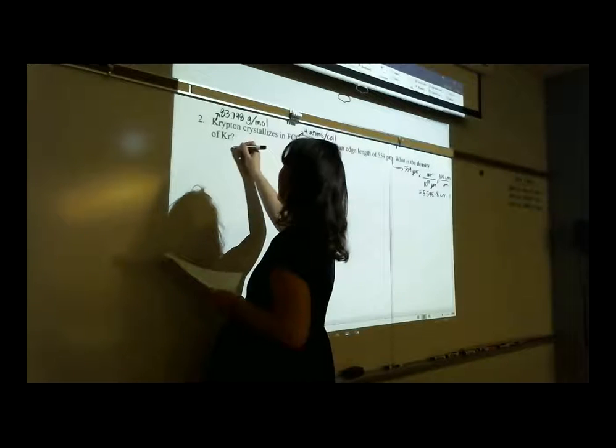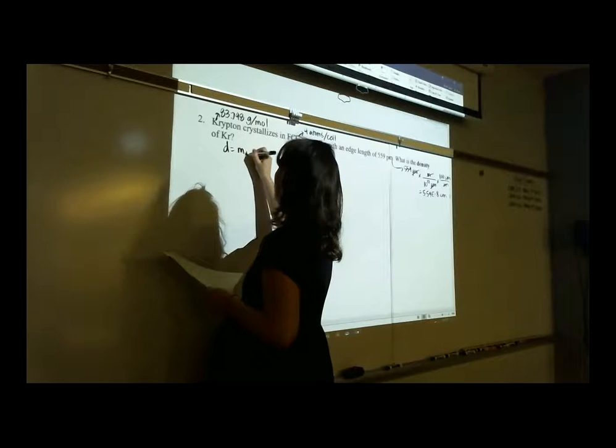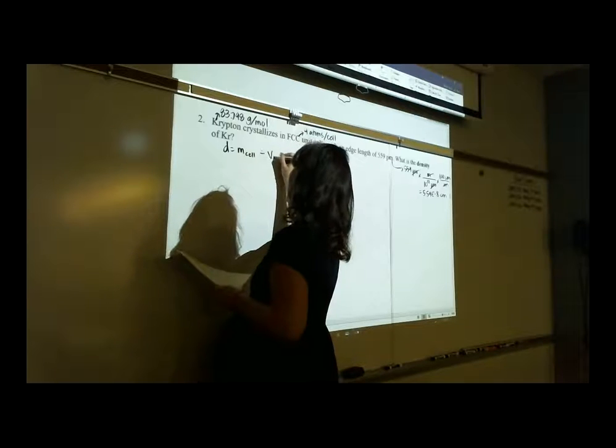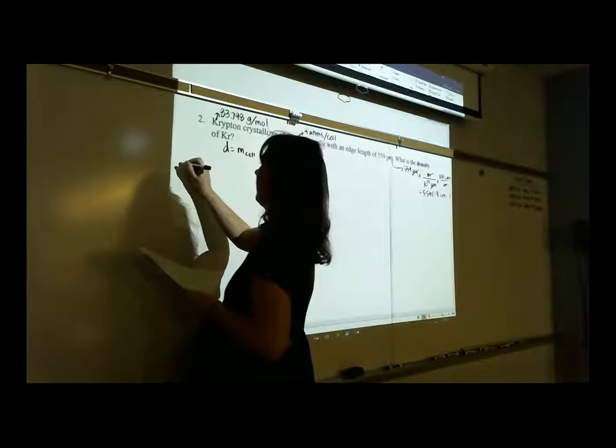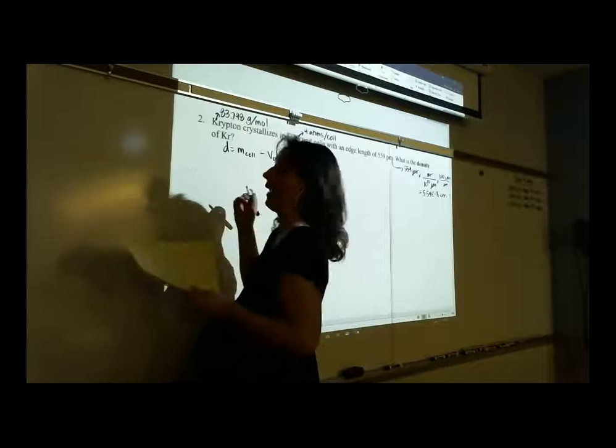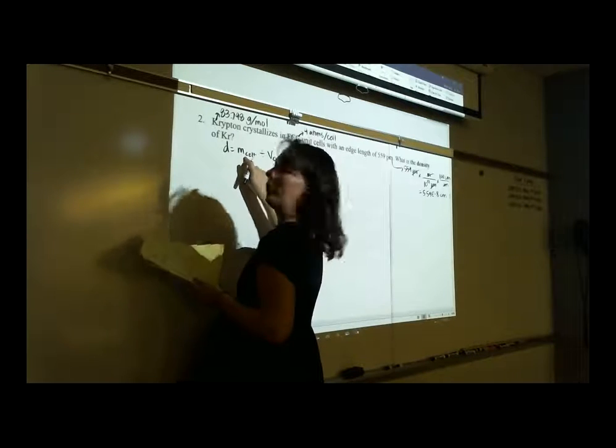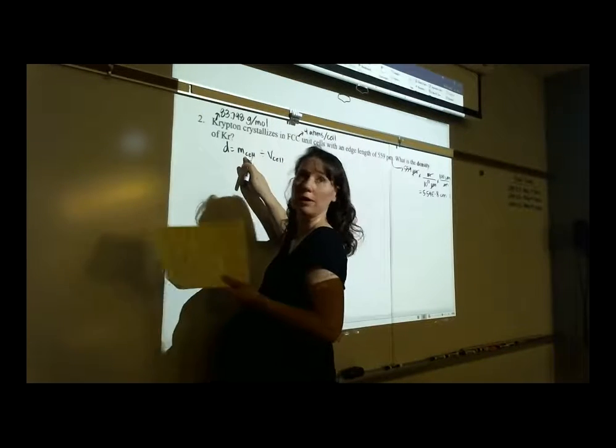So if density is M cell divided by V cell, let's calculate M cell. But first we need to get M atom, because we can't calculate mass of the cell until we know the mass of an individual atom.